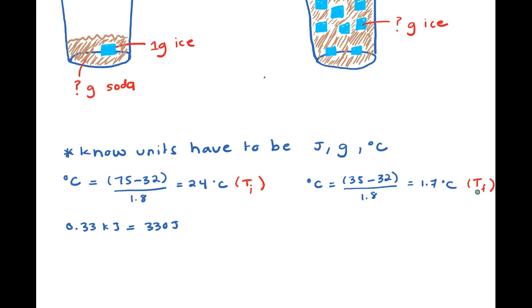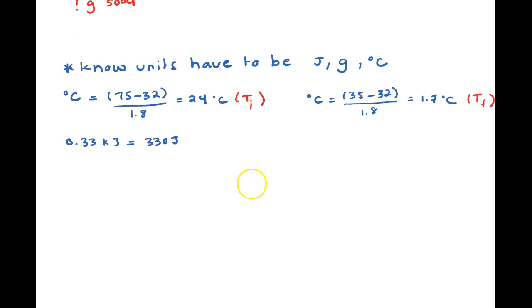Okay, so let's organize. We know that the ice is going to absorb heat. Okay, so anytime we're absorbing or we have an endothermic process, we know that we're going to have a positive value for Q. Okay, all of that heat that's being absorbed from the ice, it has to come from somewhere.